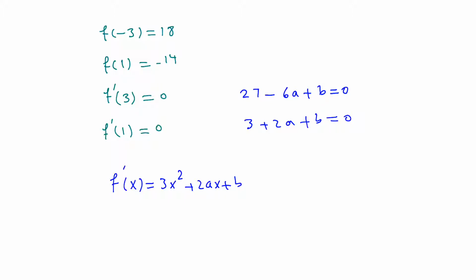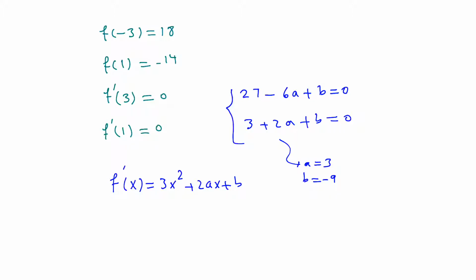Using these two equations by elimination or substitution method, we can conclude a is 3, b is negative 9.